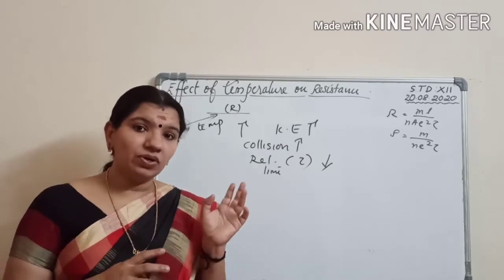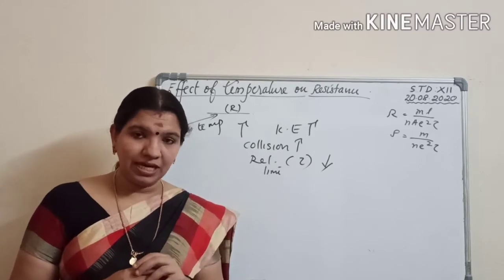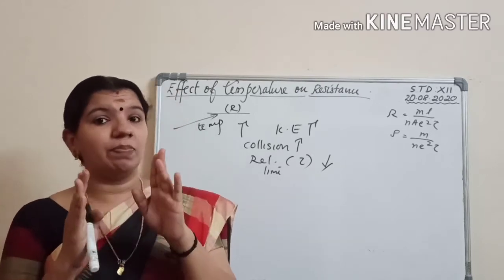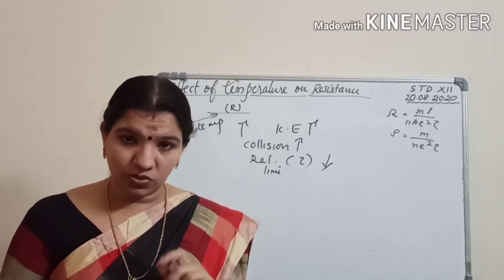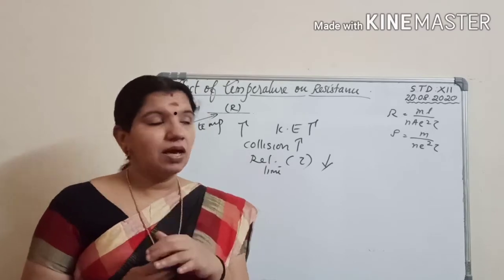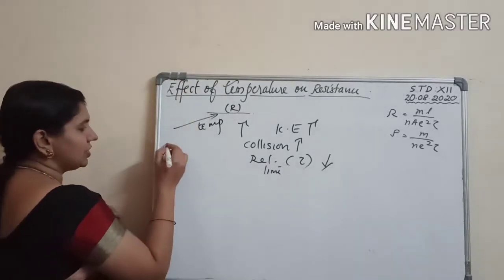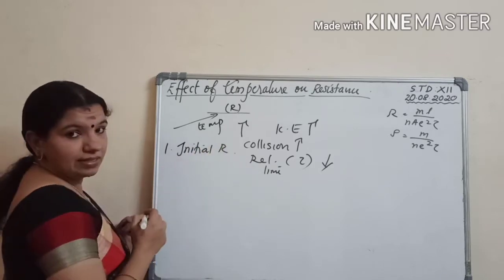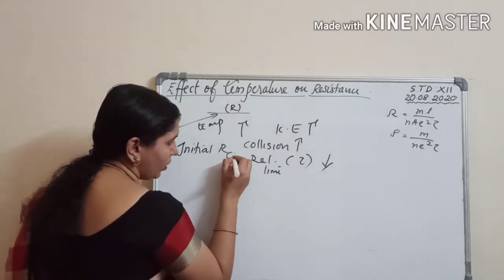Here we have to derive an equation. The change in resistance depends upon 2 factors. It's very important. The first factor is the initial resistance, which I can denote as R naught.